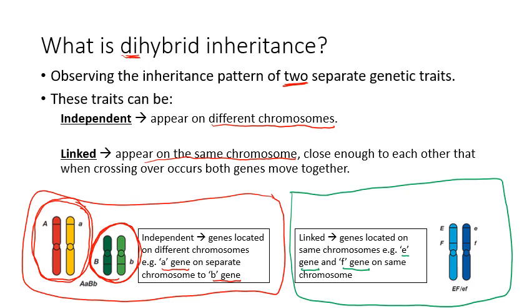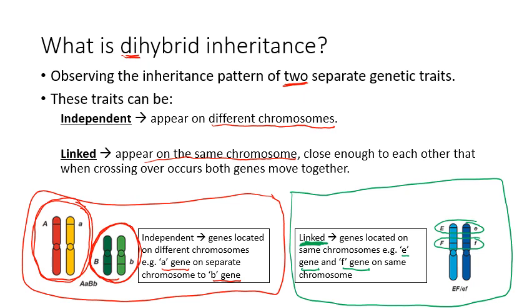They don't have to be related, but the point that makes them linked is that these genes are going to be found on the same chromosome. We can see that the E gene is found at the top of this homologous pair of chromosomes, and the F gene is still found on the same pair of homologous chromosomes, just a little bit further down.